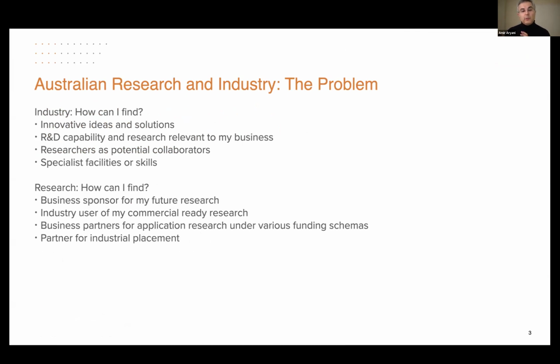At the same time, researchers want to know about potential business partners and commercialization opportunities, about where we can find the next collaborator for our next grant, or if we have a project that might need an industry partner to fund it, where do I find that industry partner? Closing the gap between these requirements is really what the use case and this project are about.